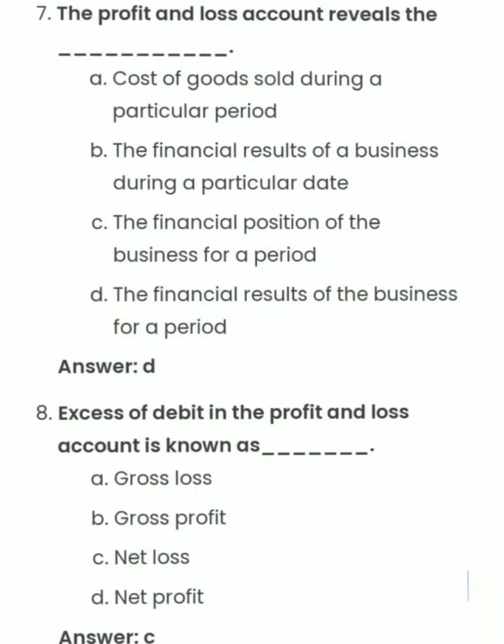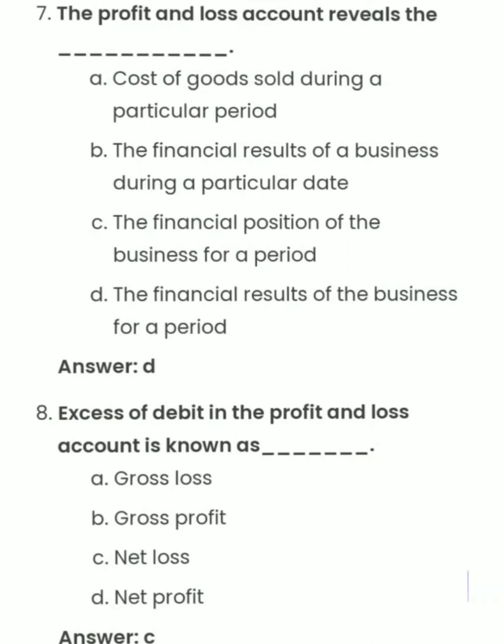The profit and loss account reveals the, option D is correct: the financial results of the business for a period. The profit and loss account reveals whether profit is earned or loss, so it is the financial results.